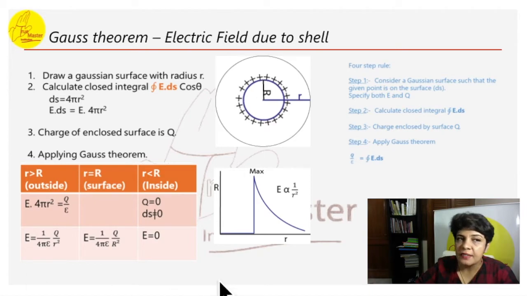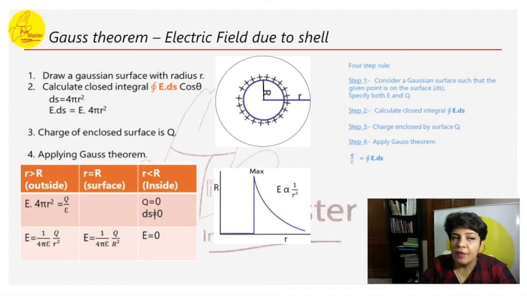Now let us first understand a shell. What is a shell? A shell is a spherical body which is hollow from inside. As a result, charge always remains only on the surface, and it is empty from inside, therefore the charge inside a shell will be 0.